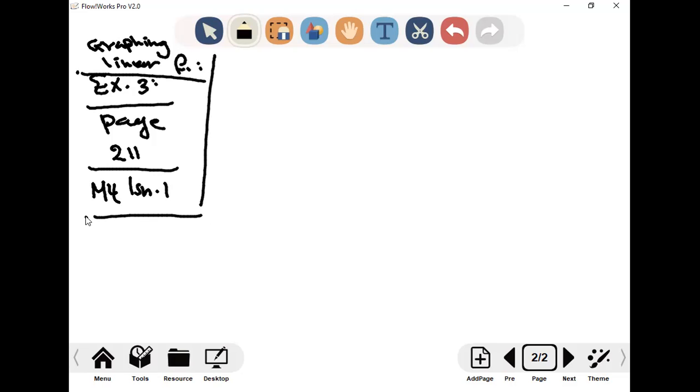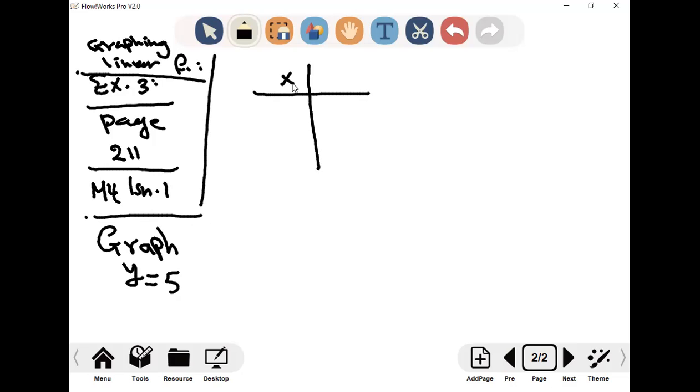Okay, guys. Now the function says graph y equals 5. I will use a table in example 3. Let's use a table. Yesterday we said we choose x, right?